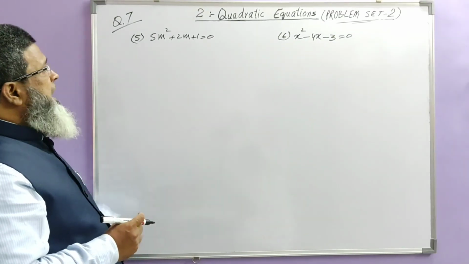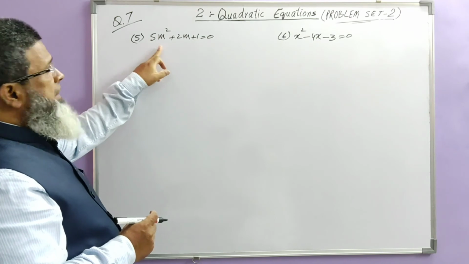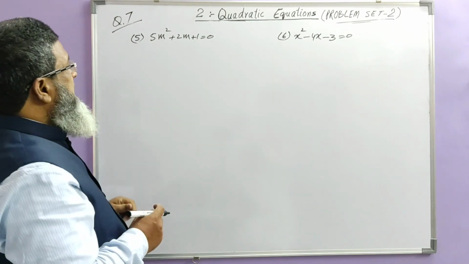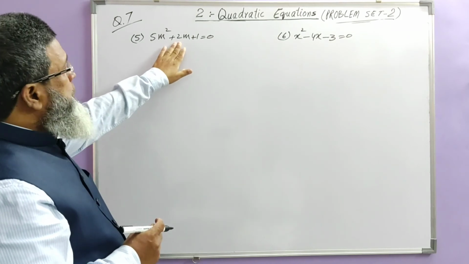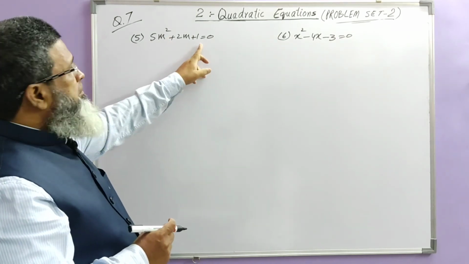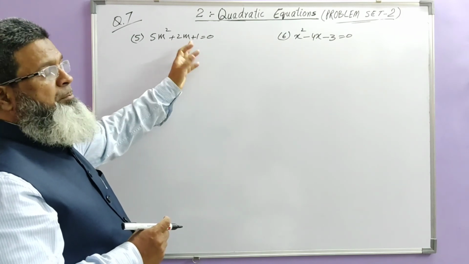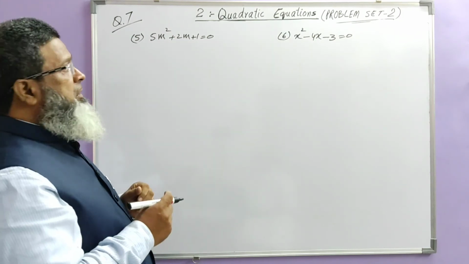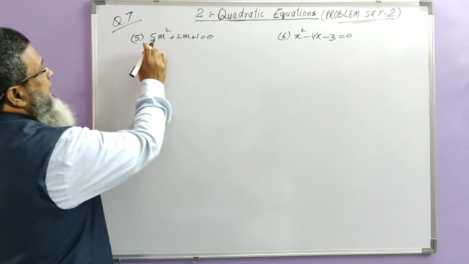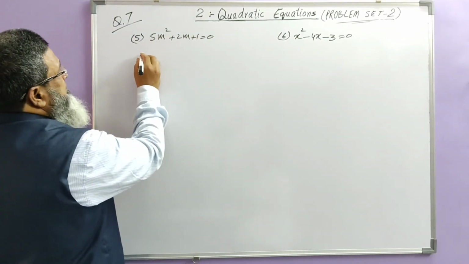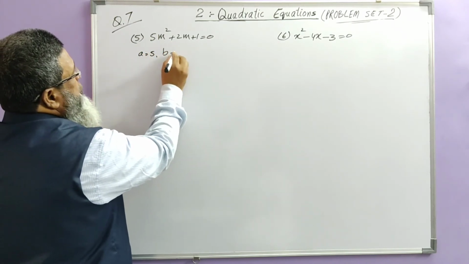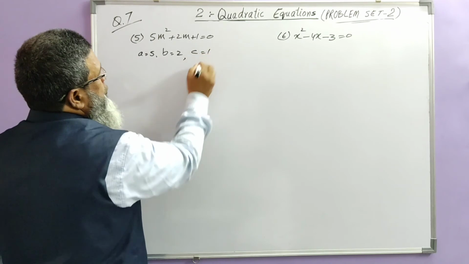In this question number 5, 5m square plus 2m plus 1 is equal to 0. Here to split the middle term 2 to get the third term, that is 5 into 1 is 5. But you can't split the middle term because you can't get that multiplication of 5. So you have to go through the formula method and find b square minus 4ac. So here a is equal to 5, b is equal to 2 and c is equal to 1.